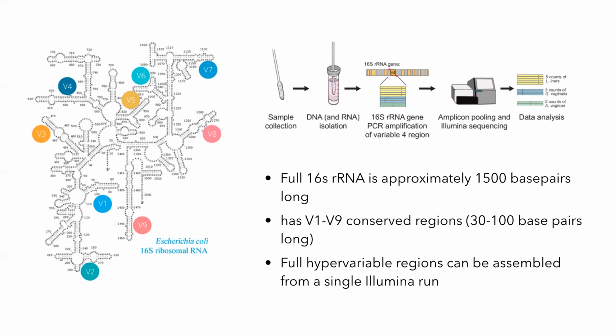So Illumina MiSeq reads are about 250 to 300 base pairs long, and putting one or two hypervariable regions in a single run enables us to get high coverage of just those regions.